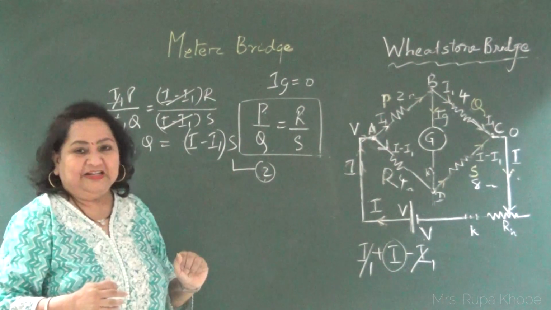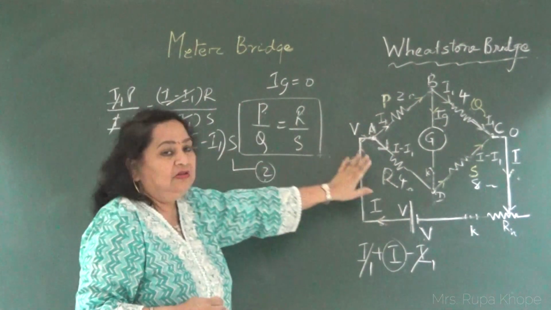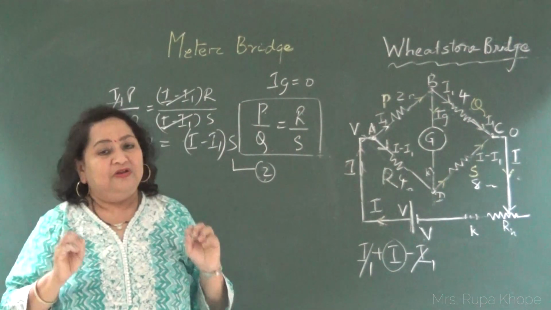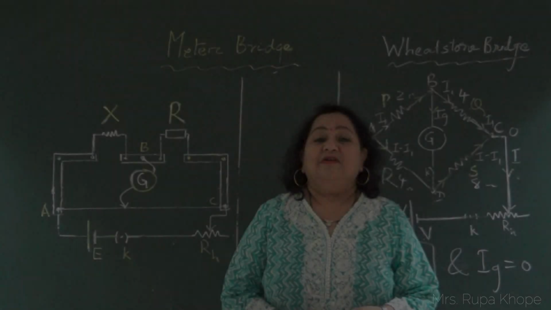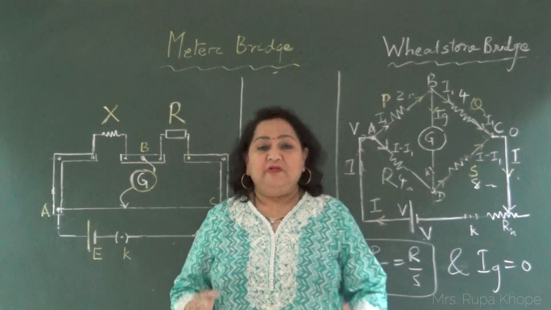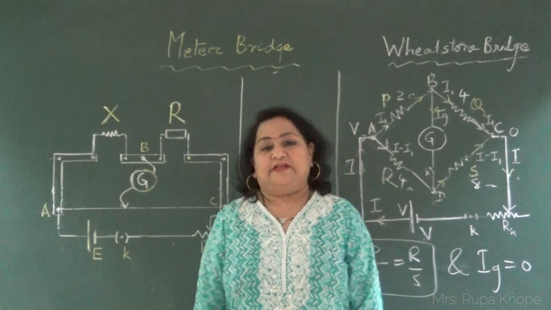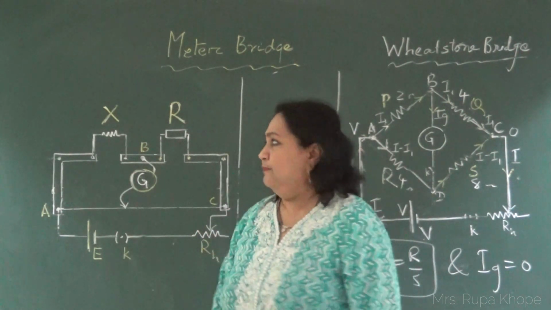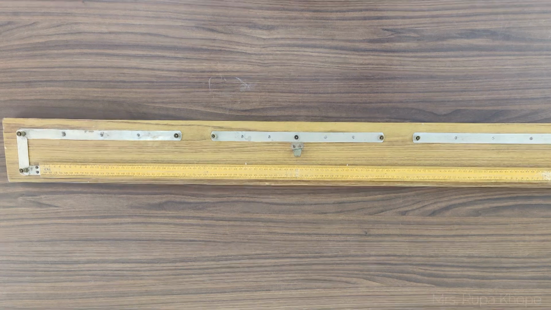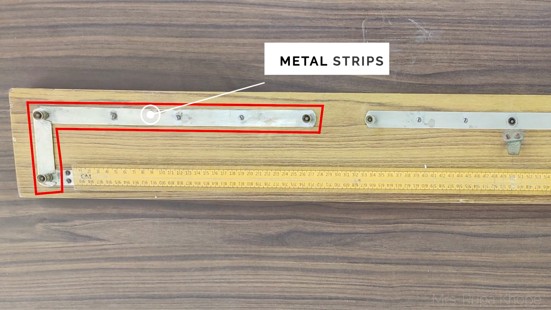Now, what is a meter bridge? Meter bridge is based on the principle of the Wheatstone bridge network, the Wheatstone principle. Now, we will learn how to perform this experiment. So, let's learn about the concept of the meter bridge. You can see here, these are the metal strips, L-shaped.